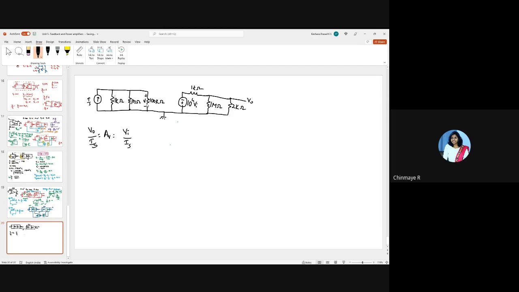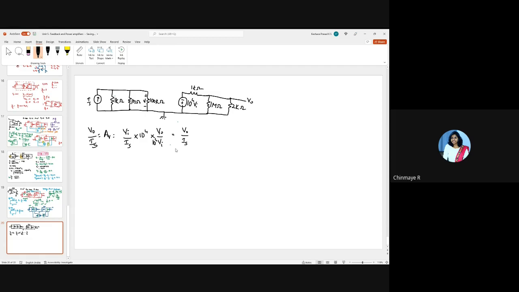Once you get that, you multiply that by 10 power 4. And then you find out what is V0 by VI. Sorry, this is 10 power 4 VI. So then you get what is V0 by IS.